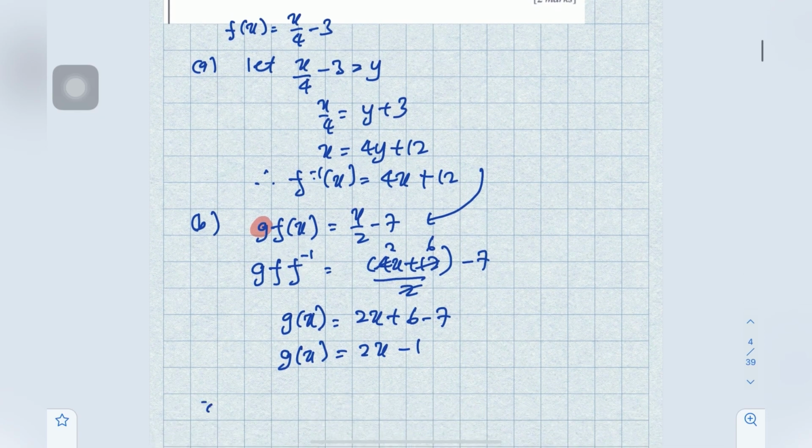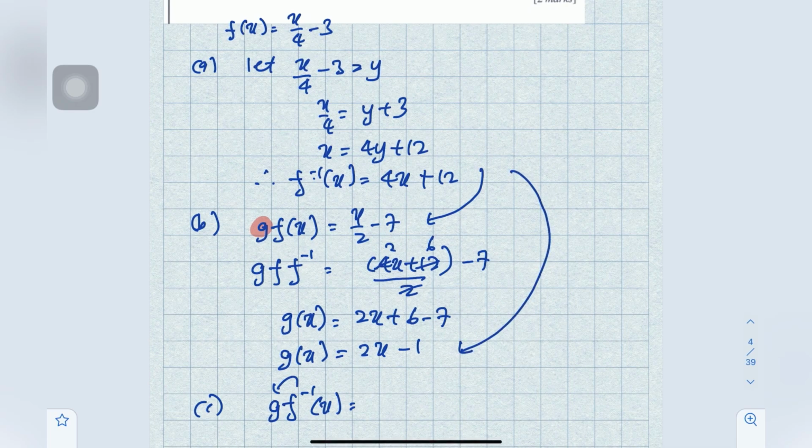So C, g f inverse. So f inverse into g. So kita kena cari dululah g f inverse x. So maksudnya f inverse ni masuk dalam g. Ni this one masuk dalam this one. Okay. So dapat 2 times 4x plus 12 minus 1.